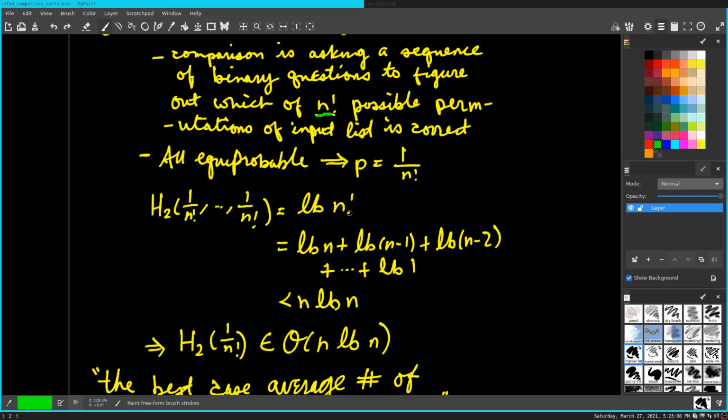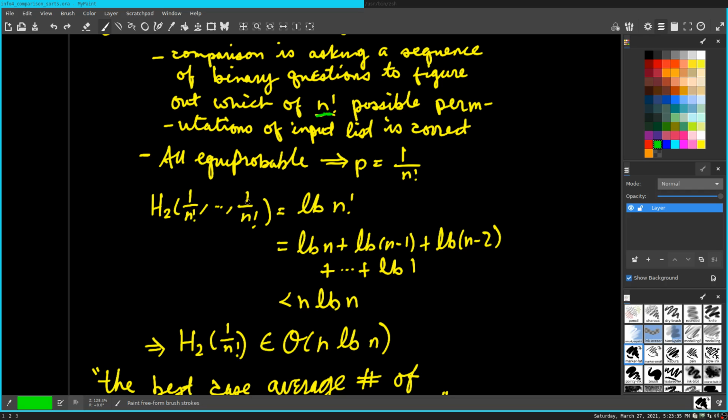Anyway, by the properties of logarithms, n factorial is n times n minus 1 times n minus 2, etc., all the way down to 1. By the properties of logs, that splits into a sum. And log of n minus 1 is strictly less than the log of n. Similarly, log of n minus 2 is strictly less than the log of n. So this is less than n copies of log of n.